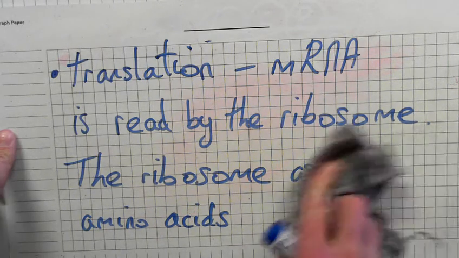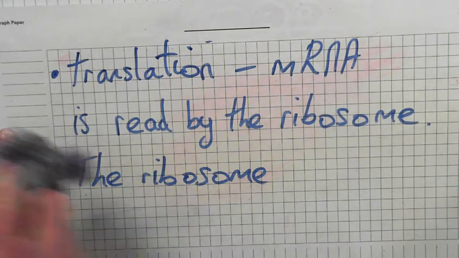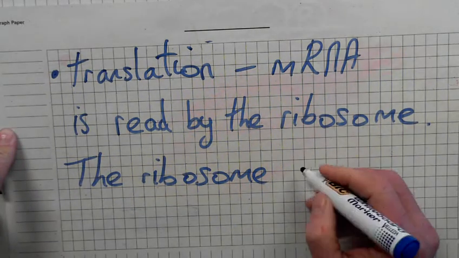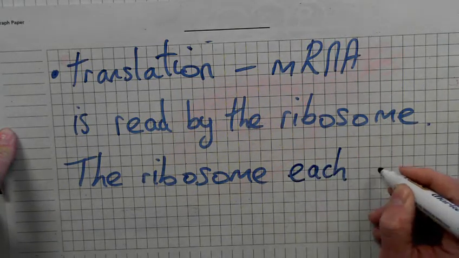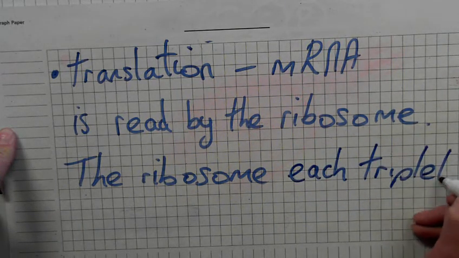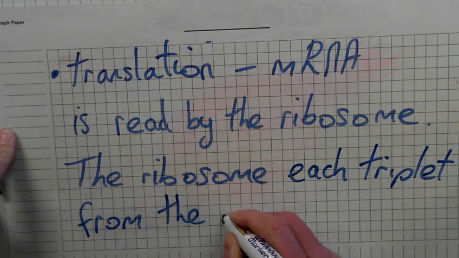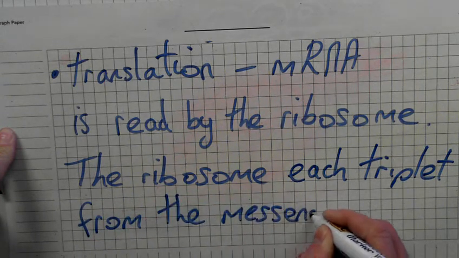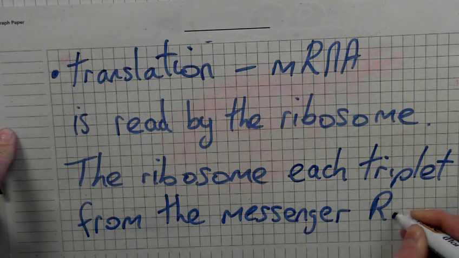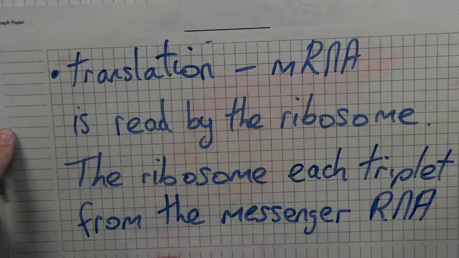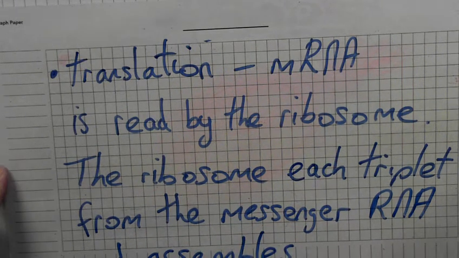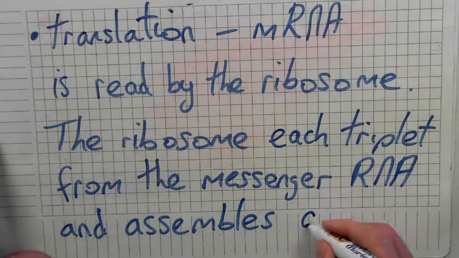I'll write that better. The ribosome reads each triplet from the messenger RNA and assembles amino acids.